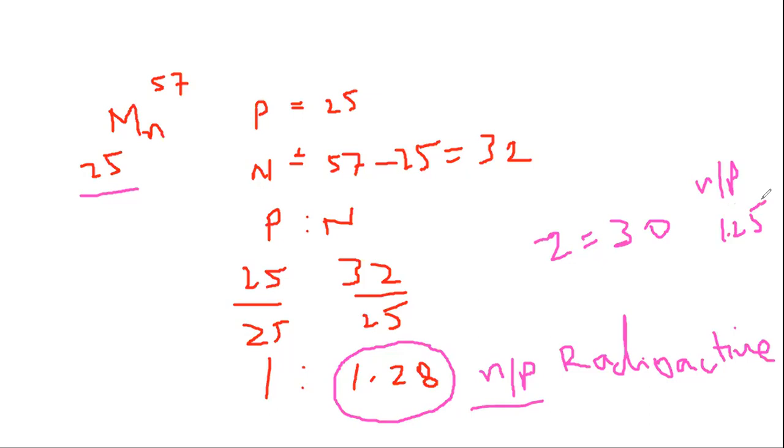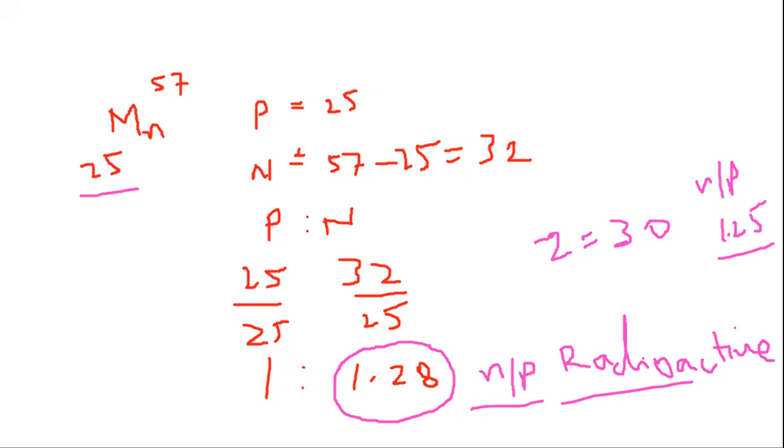You have taken this from the graph we already discussed. 25 is below 30, that means for atomic numbers 21 to 30 the nuclide must have a ratio of 1.25, and this ratio is greater than 1.25. That's why this is a radioactive nuclide. So this is as simple as you can calculate the nuclear stability, whether the nuclide is radioactive or stable.